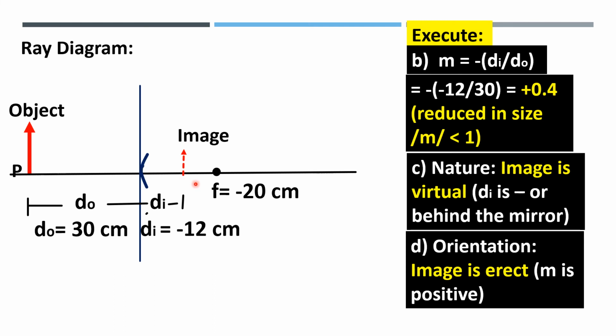As you can see here, the head of the arrow that represents the image is pointing upward, similar to the original real object. The image is not inverted upside down, but it remains pointing vertically up, and hence it is considered an erect image.